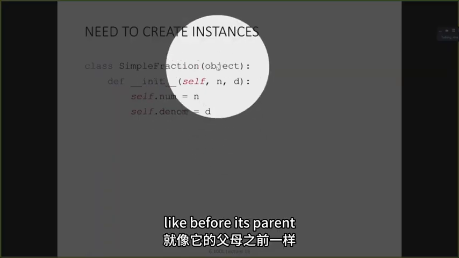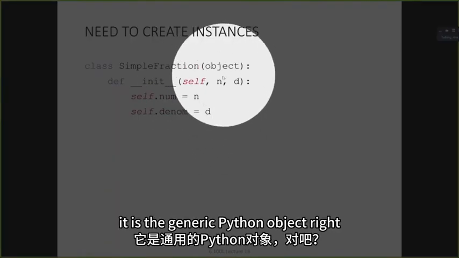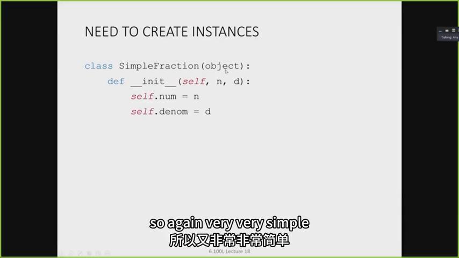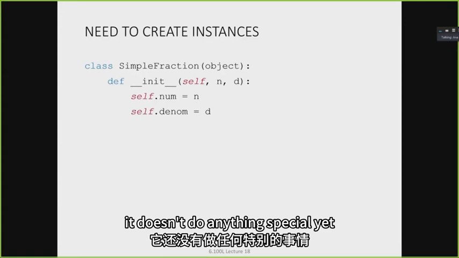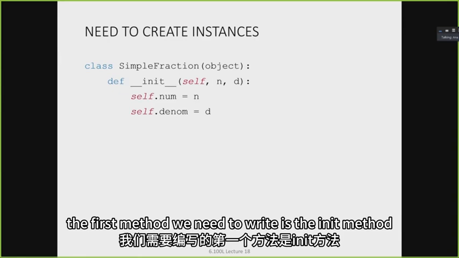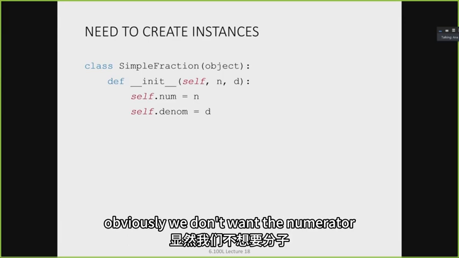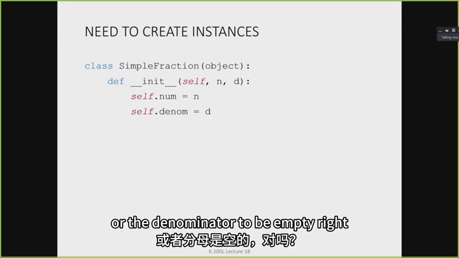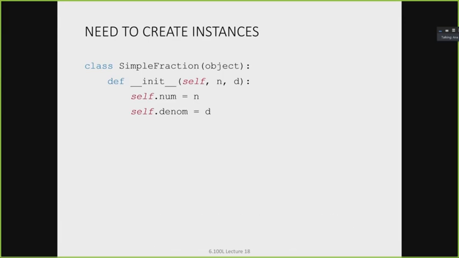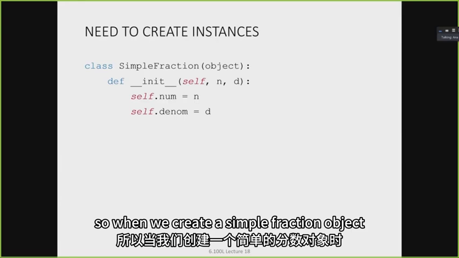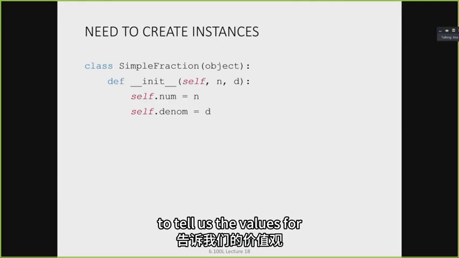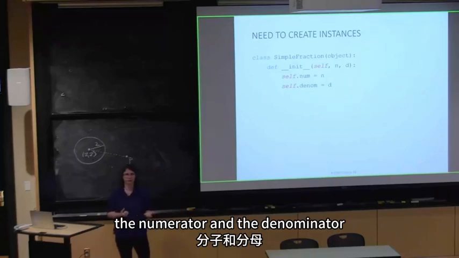Like before, its parent is the generic Python object. So again, very, very simple. It doesn't do anything special yet. The first method we need to write is the init method. So how do we initialize a fraction object? Obviously, we don't want the numerator or the denominator to be empty. So when we create a simple fraction object, we want the user to tell us the values for the numerator and the denominator.